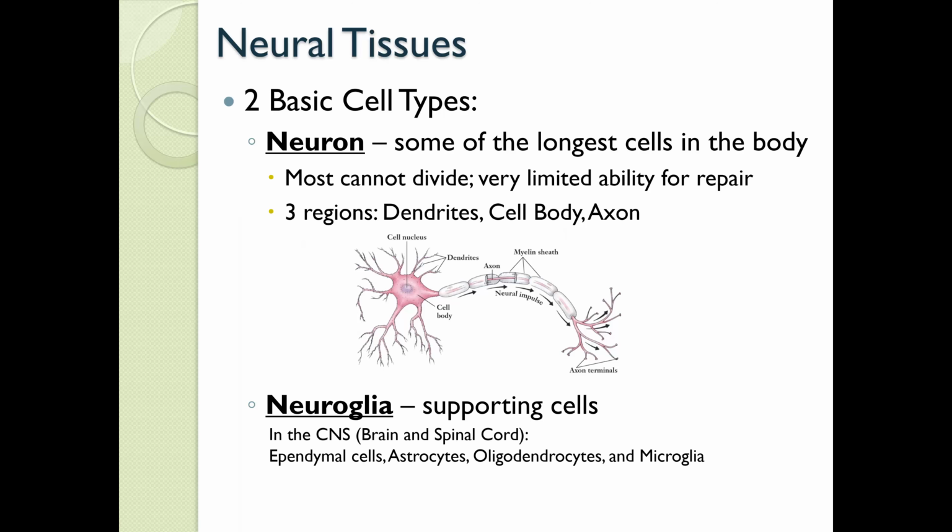In the central nervous system, which is your brain and spinal cord, you've got 4 types of neuroglia: ependymal cells, astrocytes, oligodendrocytes, and microglia. We're going to talk about all of those in detail in chapter 12. And then in the peripheral nervous system, where you have your peripheral nerves, you've got satellite cells and Schwann cells. And again, we're going to talk more about those in later chapters.